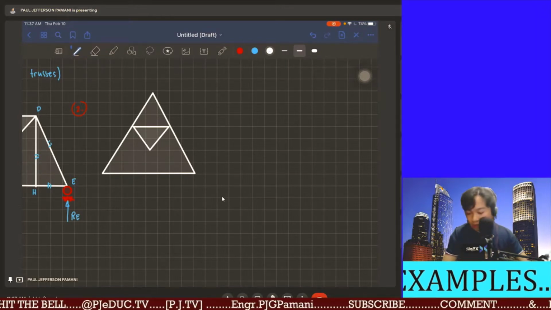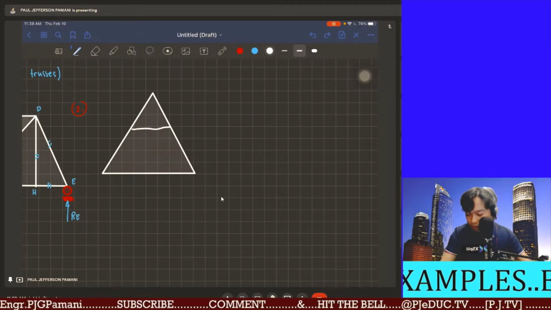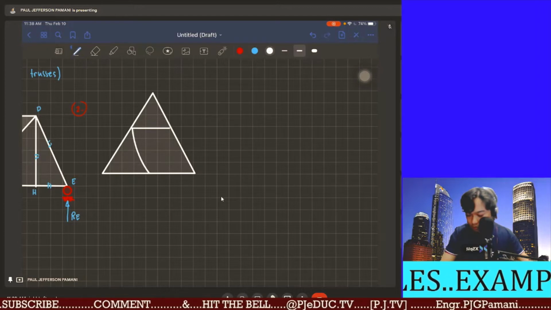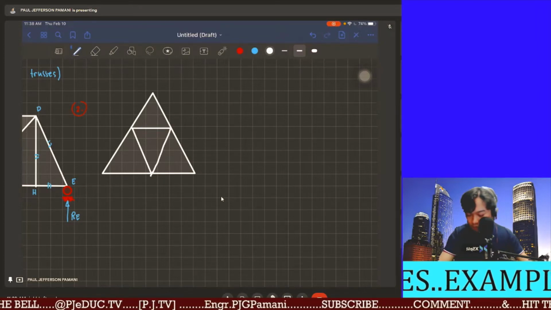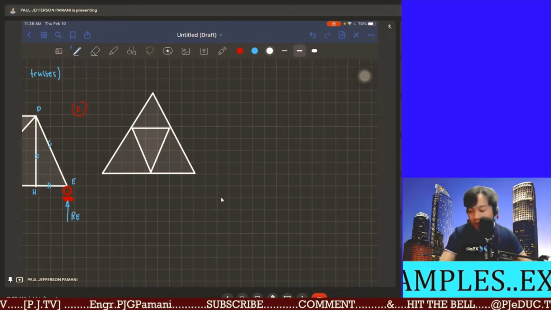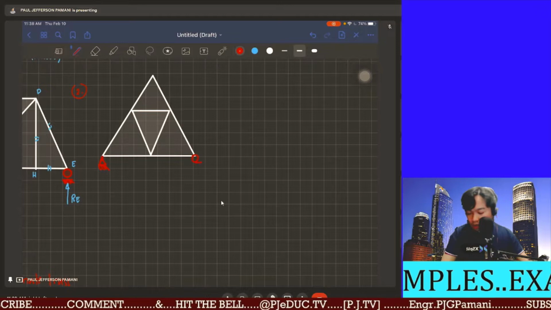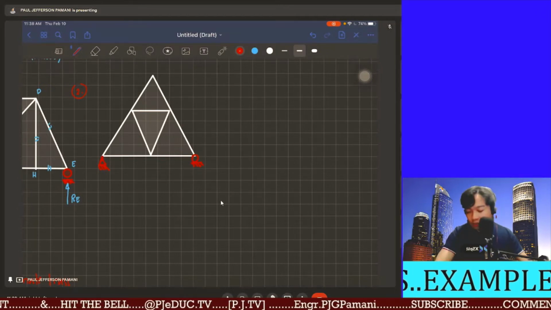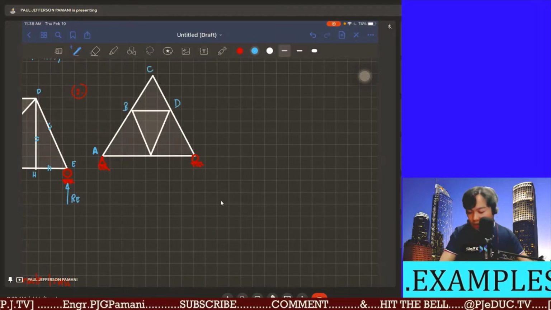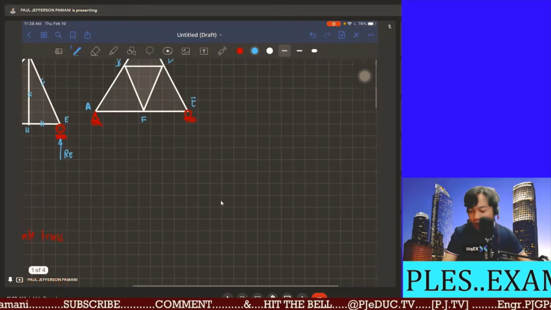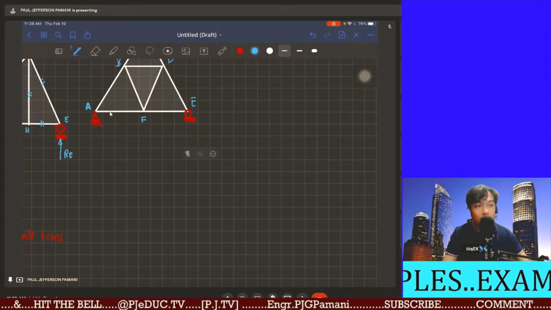We have this truss system, given that it also has a hinge and a roller support. Identify again your joints: A, B, C, D, E, and F. And of course, count the number of reactions at the identified supports, which are at joints A and E.